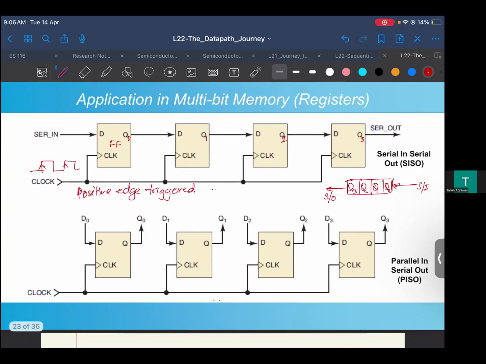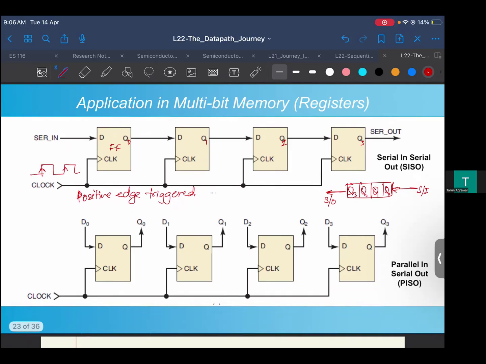Now you can have a register where you are reading the data in parallel. All the inputs to the register are read at the same time, and you can have the output also in parallel. So this is not serial, this is parallel in, parallel out, because you are also outputting the data in parallel.